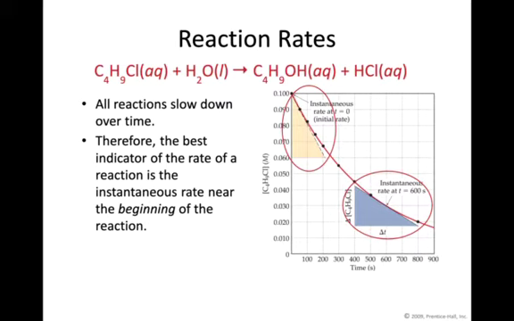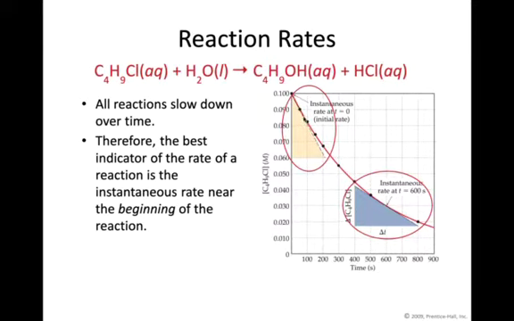Here's an example of what a reaction rate plot might look like. There's a couple important things to note in this graph. We've got concentration plotted against time. So here's our initial rate. Right when we begin, we have a high concentration.